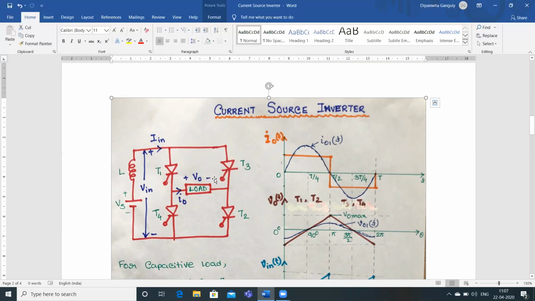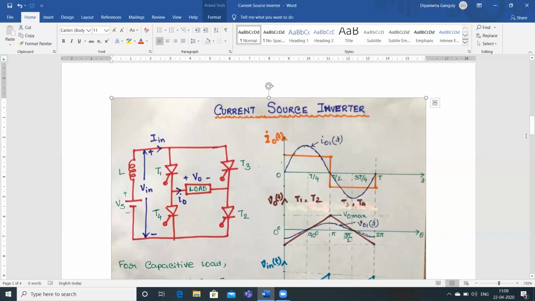So when T1 and T2 are just gated, this minus will come across the anode terminal of T4, and this plus will come across the cathode terminal of T4. So T4 will be reverse biased. Again, similarly, the minus will come across the cathode terminal of T3, and plus will come across the anode terminal of T3. So during this portion, between 0 to 90 degree, T3 and T4 are in reverse bias.